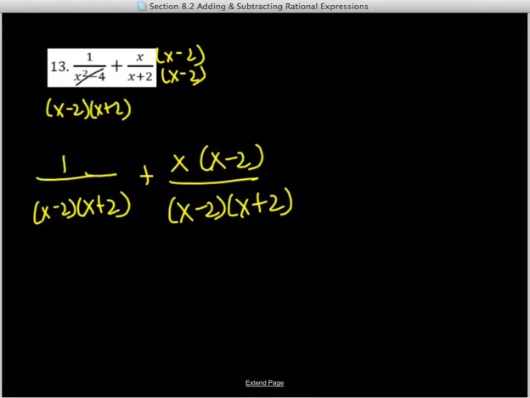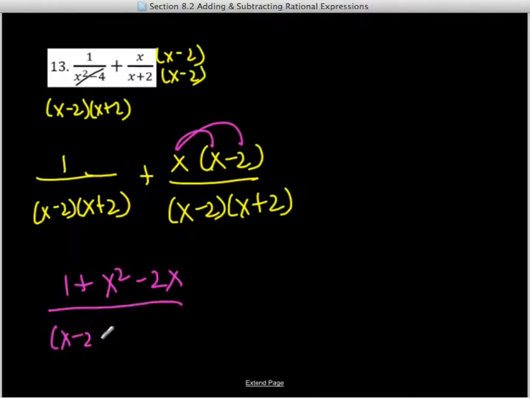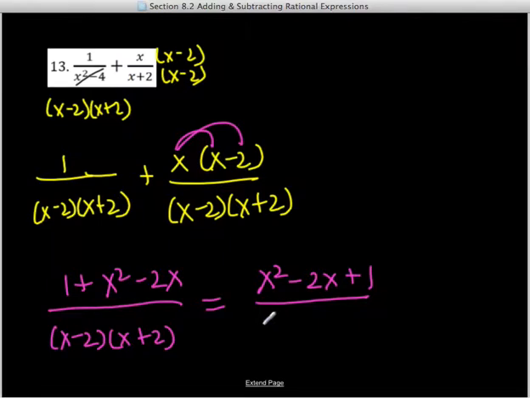Now here's where I need to go ahead and distribute and combine like terms. So I'm going to distribute this x, so I'd have 1 plus, I'm going to do it all in one, x squared minus 2x all over x minus 2, x plus 2. I'm going to go ahead and rewrite, this is really x squared minus 2x plus 1 all over x minus 2, x plus 2.